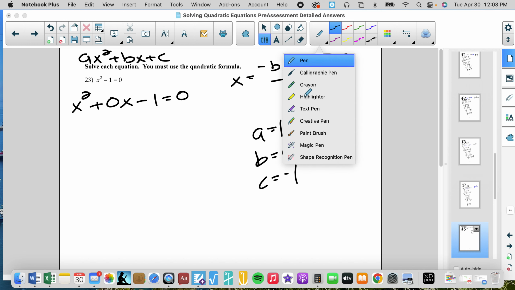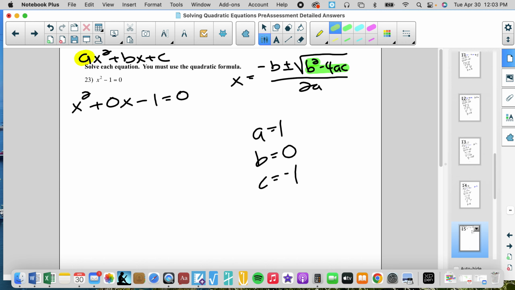Technically, my A value is the coefficient of x squared. My B value is the coefficient of x. And my C value is going to be my constant. Since there was no x in the original problem, we know that we have 0 of them. Hence why we don't see any.